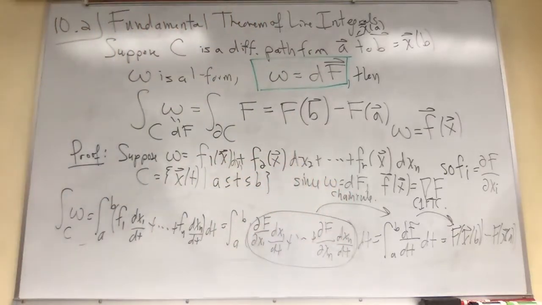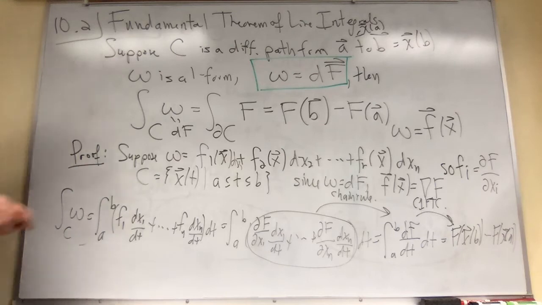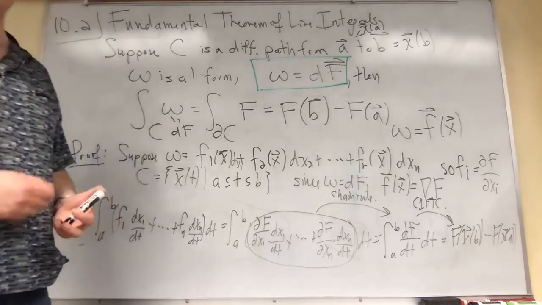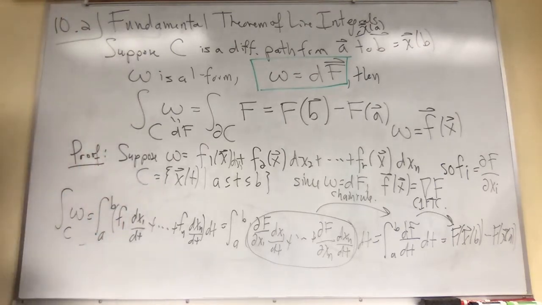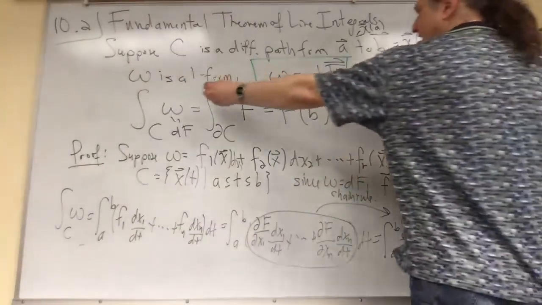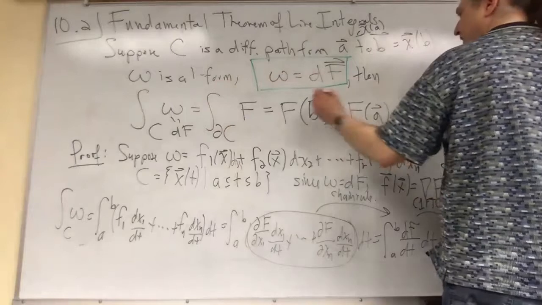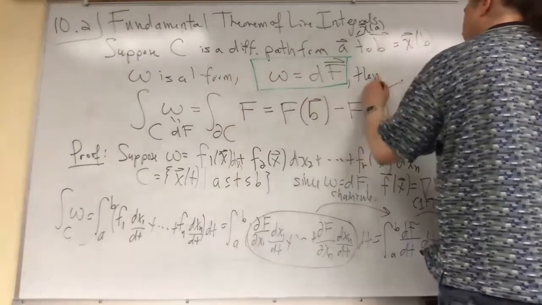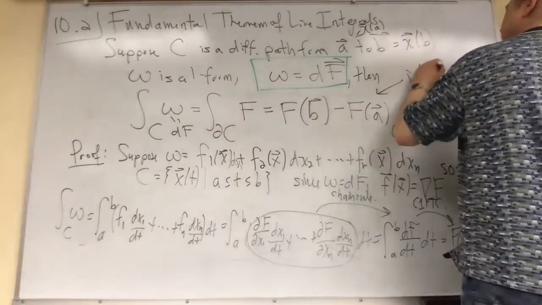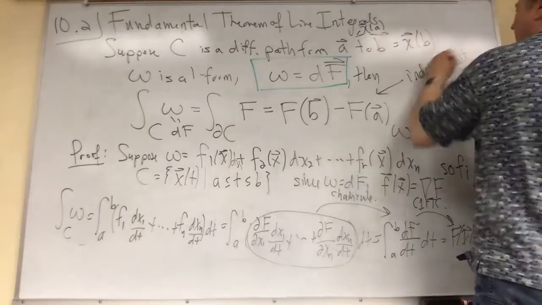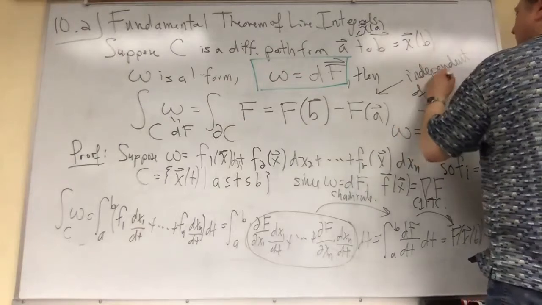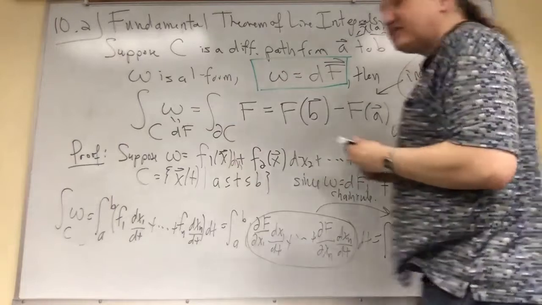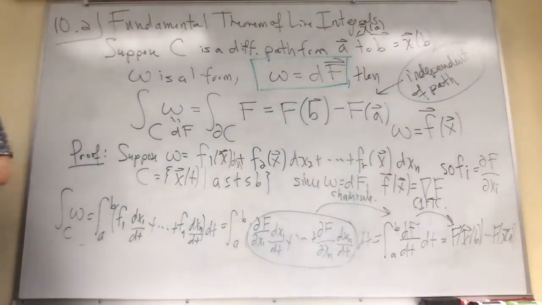The fact that omega is the derivative of some form is a big deal here. In particular, this result says that this integral, because it only depends on the two endpoints, is independent of path.